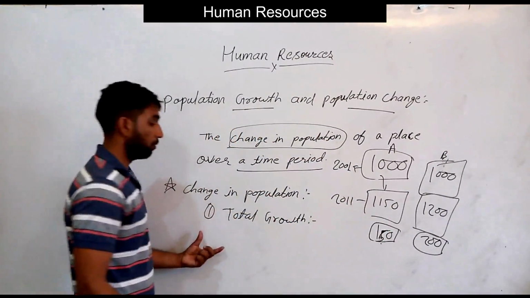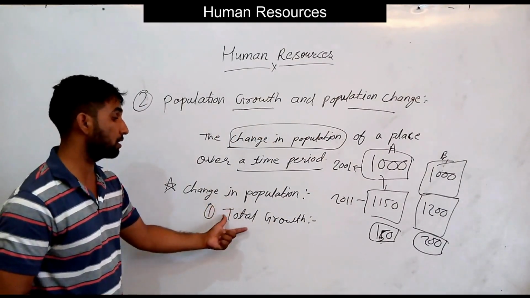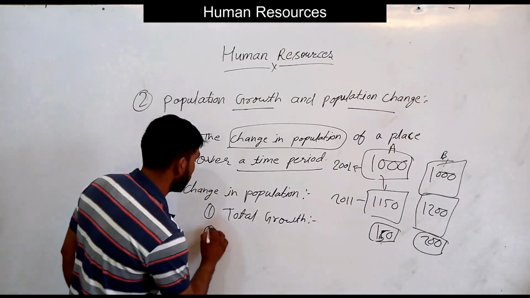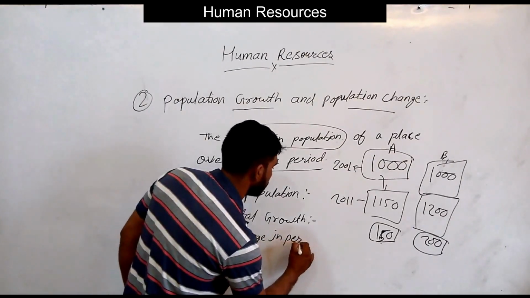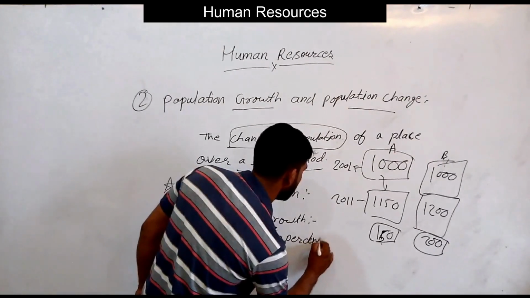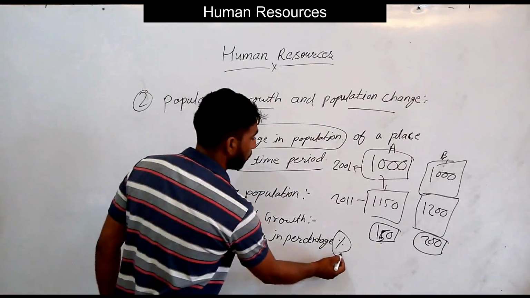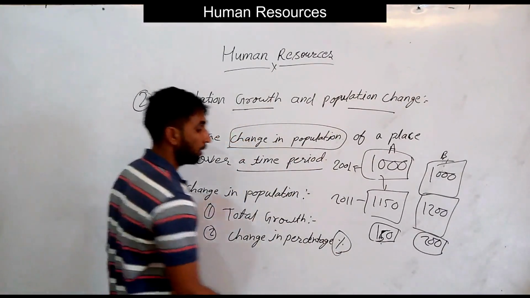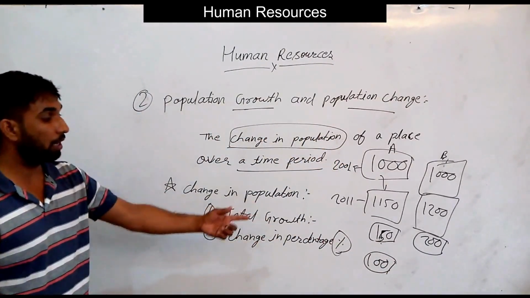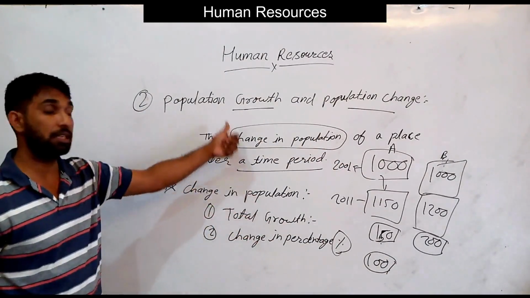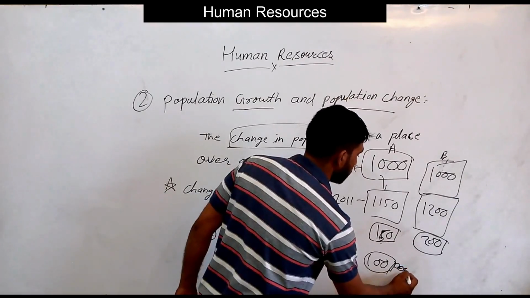Sometimes change in population is considered as total growth, and sometimes we calculate change in percentage. When calculating in terms of percentage, we compare to 100 persons, that is, per 100 persons, and calculate the percentage change in that population.